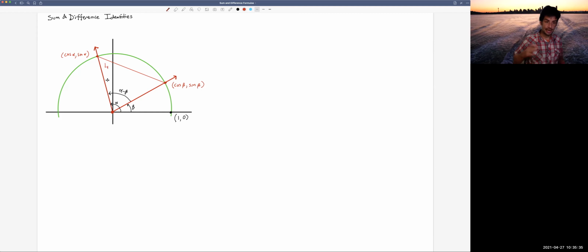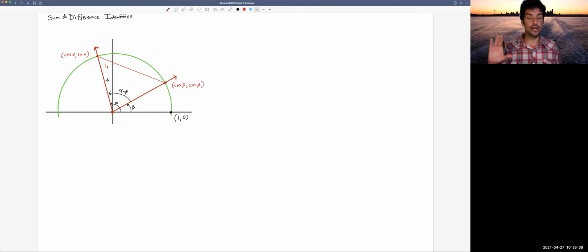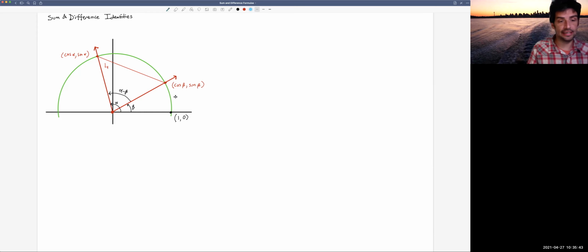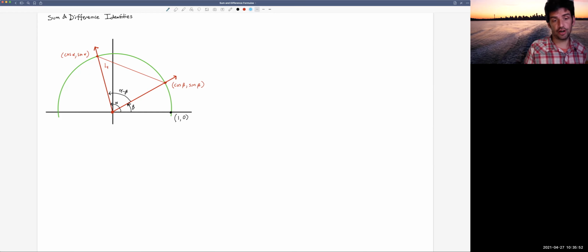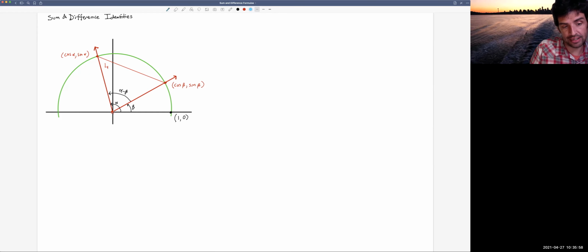okay? Now, here's where we have to imagine a little bit. What I want to do is rotate this triangle. So I'm going to keep that vertex at the origin there. And I want to rotate the triangle so that this edge that is making angle beta now rests on the y-axis.